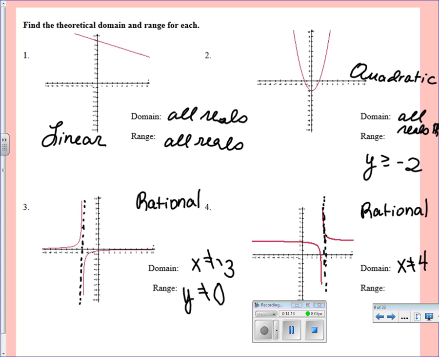And again, the range kind of stays consistent as well. However, this one's going to be different, because it's not approaching that, it's approaching this line. So therefore, y cannot equal 3. So this might be an area where we might have to have a little bit more conversation.